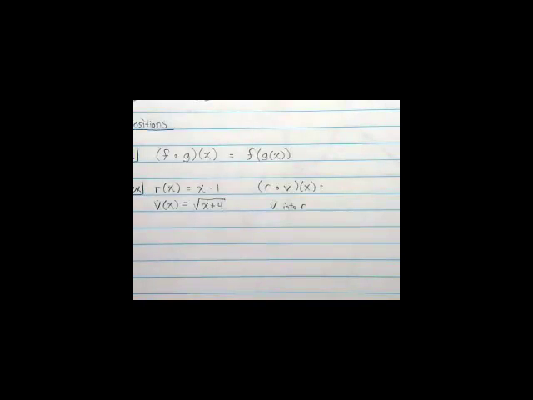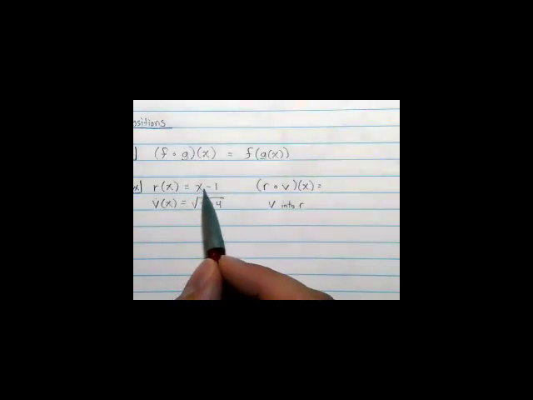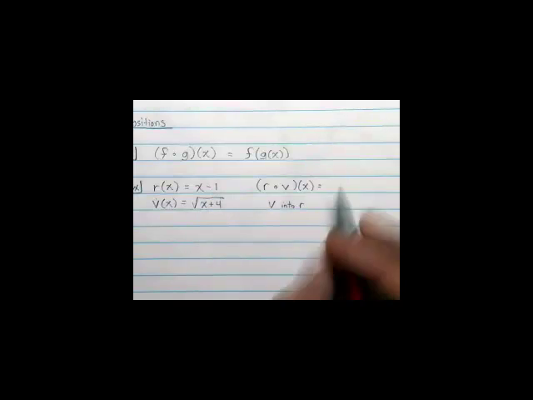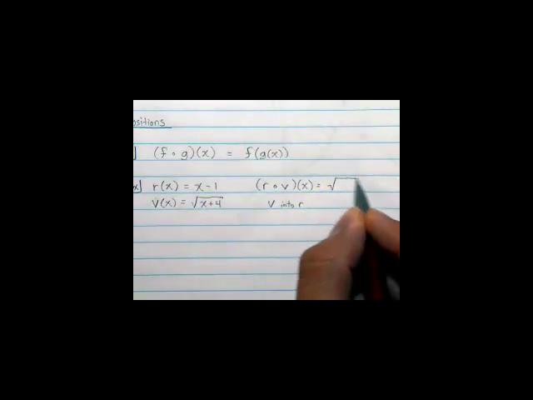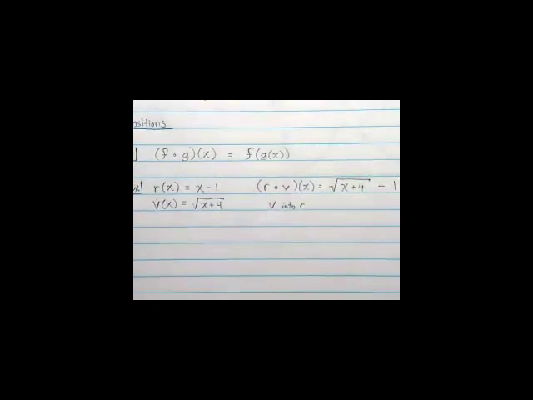Okay, so v is going to go into r, and specifically what that means is the entire function v, so that square root of x plus 4, the entire thing is going to be substituted in for x in the first one, in the r function. So we're going to write out this r of x function, but as soon as we see this x, replace it by this entire function. So this is going to be the square root of x plus 4 minus 1.